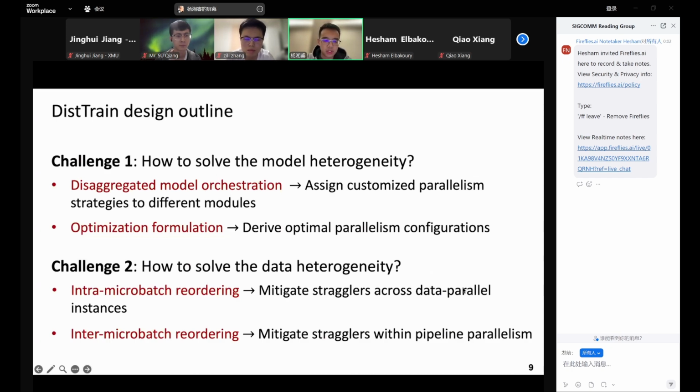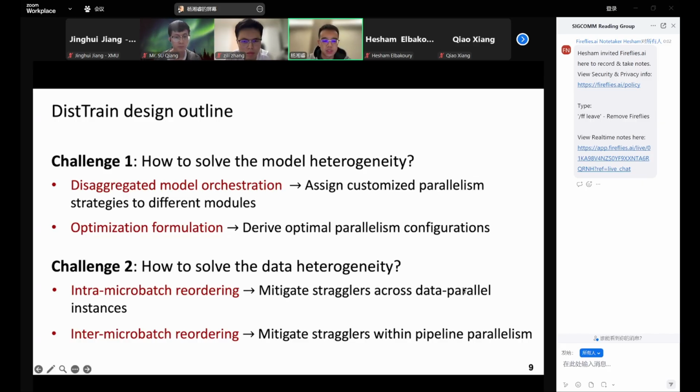Based on the challenges of model and data heterogeneity we have discussed, these slides outline the core design of our solution, DistTrain. To solve the challenge of model heterogeneity, DistTrain introduces disaggregated model orchestration, which means it stops treating the model as a single unit.